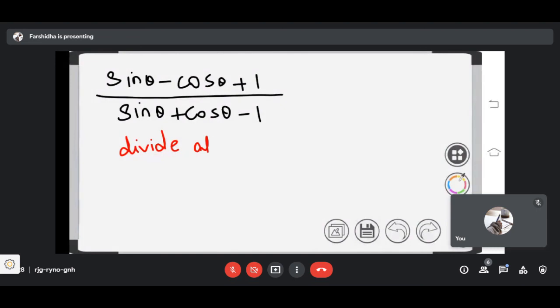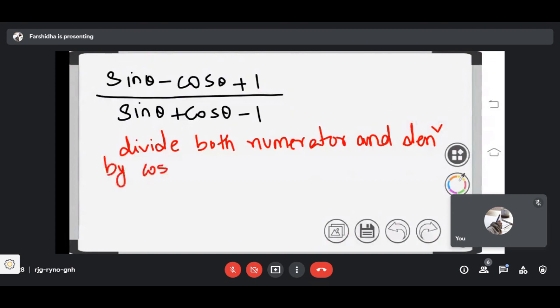Divide both numerator and denominator by cos theta.